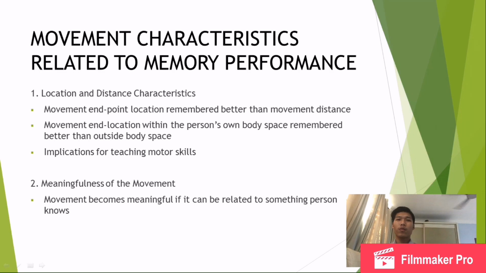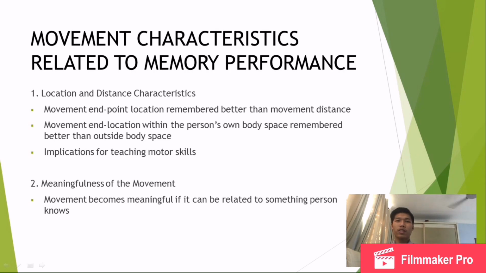Okay, next we move to the movement characteristics related to memory performance. There are two characteristics: location and distance characteristic, and meaningfulness of the movement. For the location and distance characteristic, it means that movement endpoint location is remembered better than movement distance.